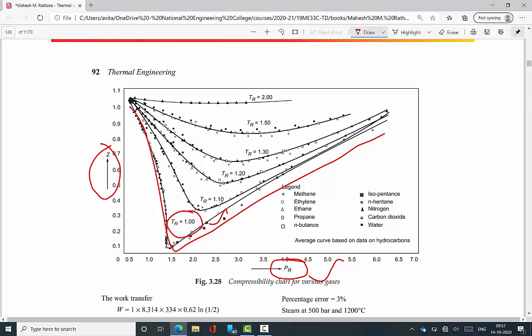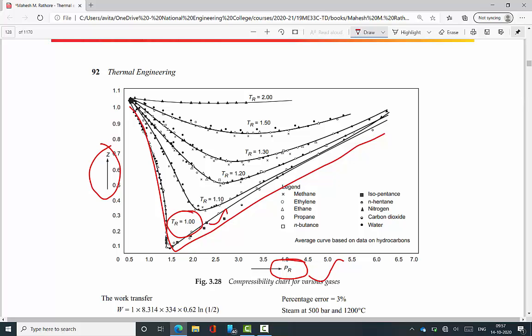All gases have the same property at a particular TR and PR. This is the use of reduced pressure and reduced temperature, and it is a very important graph called the compressibility chart.